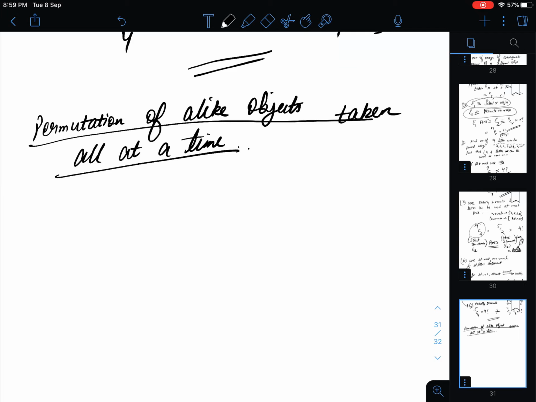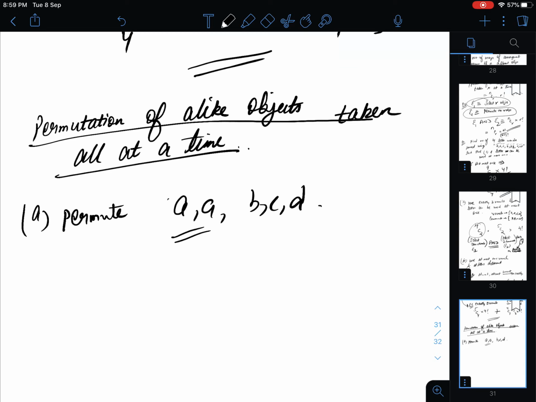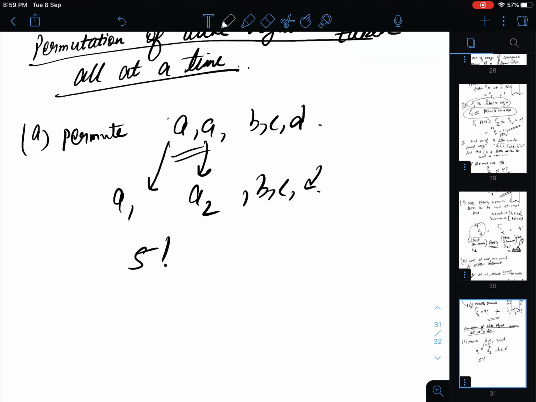So you see, suppose I ask you to permute A, A, B, C, D. Okay, suppose I ask you to permute these 5 alphabets in which two A's are alike. Now, assume for the time being that this is A1, this is A2, and these are B, C, D. Suppose A1 and A2 were distinct. So, how many arrangements are possible? In this case, there are total 5 factorial arrangements, assuming all are distinct.